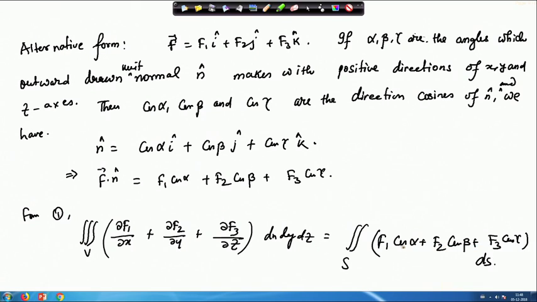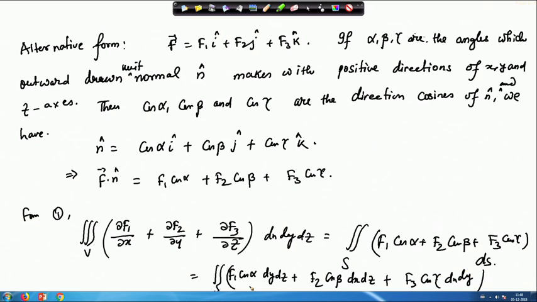So, I can write the surface integral of F1 cos alpha dy dz plus F2 cos beta dx dz plus F3 cos gamma dx dy. So, this is the right hand side, or the surface integral part.